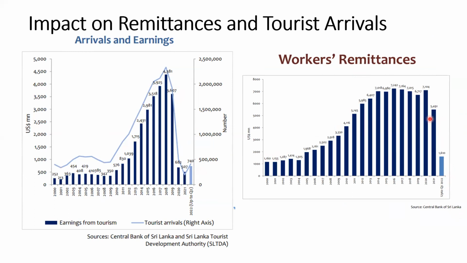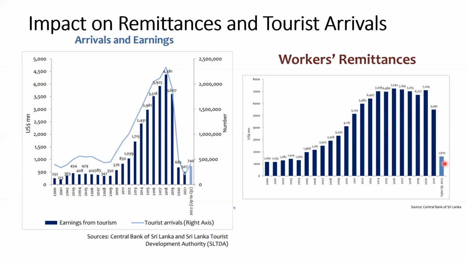Now here, it's a huge reduction. Previously in 2020, we had around $7 billion as worker remittances. Let's say on average we are having around 7 billion. Now in 2021, it has been reduced to 5.5 billion.